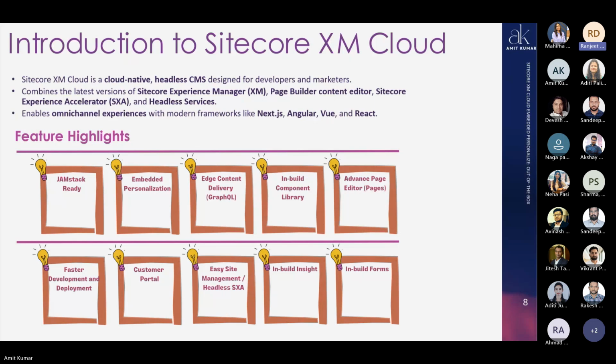Pages editor is nothing but a GUI from where you can just drag and drop the particular component on your page, and you will very easily get all the appearance details along with that. So it has some custom styling, and you can also configure various attributes in Pages editor as well. It is more like a superset version of the Experience Editor, so it is very user friendly and will be more useful.